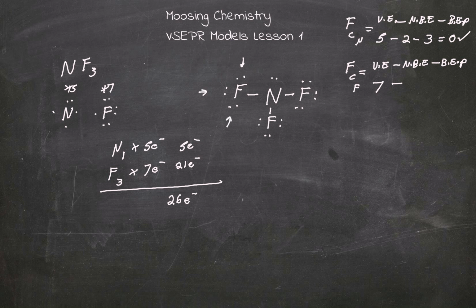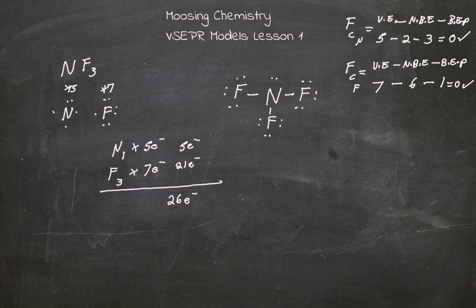So we have 6 of those. So we're going to put a 6 right there. And our bonding pairs, we have 1, which is right there. Again, I'm going to erase that real quickly. So that gives us 7 minus 6 minus 1, and that also equals 0. So we know that this is the best possible structure.